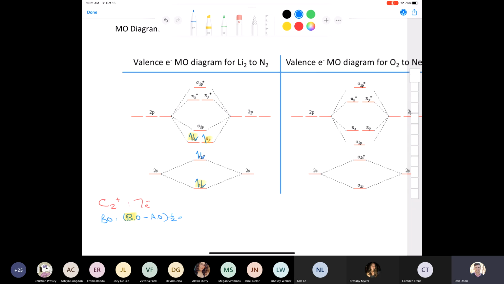So that gives me a total of 5. How many do I have in anti-bonding orbitals? Anything with a star by it is an anti-bonding orbital. So I've got 5 minus 2. 5 minus 2 is 3. I multiply that by a half, and I get 1.5. So that's the bond order for C2+. Okay, so now I've got C2+. I'm going to write it down here. It's 1.5.